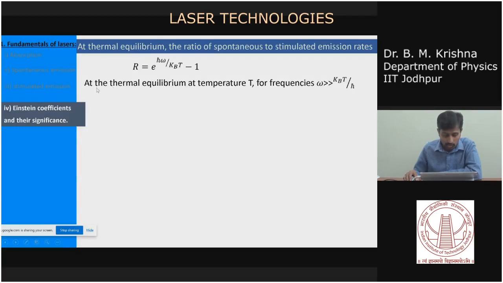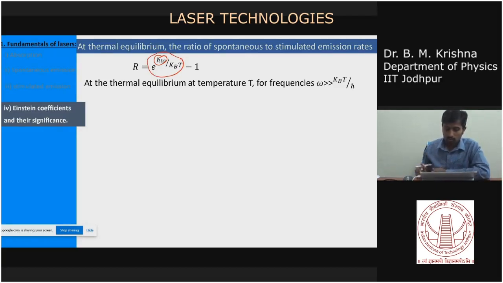So for frequencies at thermal equilibrium at temperature T, where omega is much greater than kBT by ħ, that means omega is much higher, this whole exponential term will dominate.